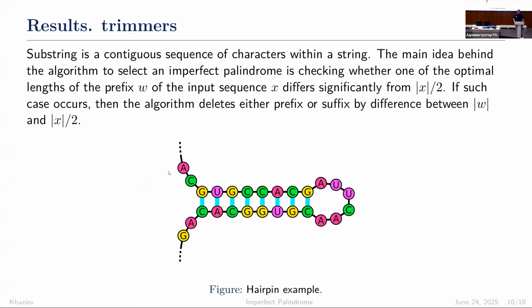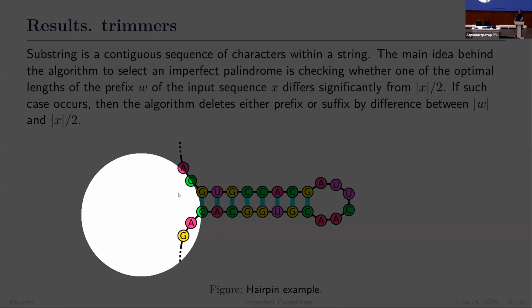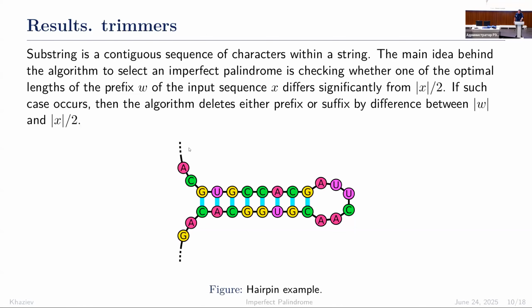And we found this funny idea: since the algorithm in theorem number 1 also shows us the length of W, which are the beginnings of perfect palindromes, we can see that if W is far enough from the middle of the sequence, then it could be because of this noisy part.